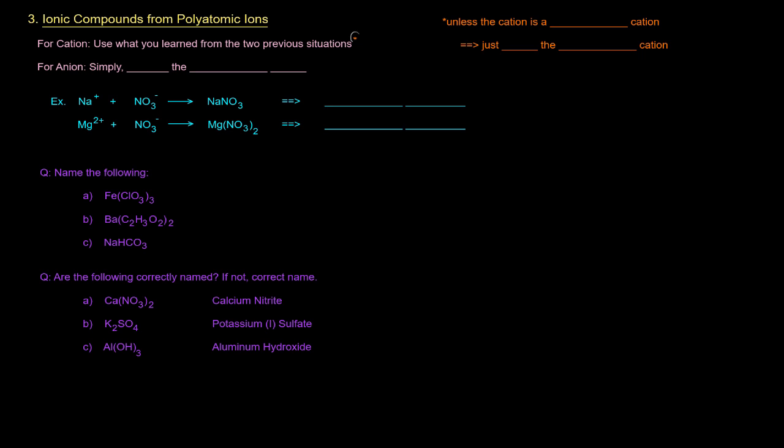However, there's a little asterisk here, and the only time you don't use what you learned from the previous two situations is unless the cation is a polyatomic cation, which again, there are a few of them. In that case, if you have a polyatomic cation, all you would do is just name the polyatomic cation.